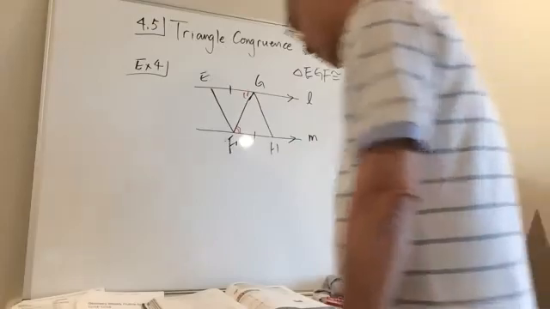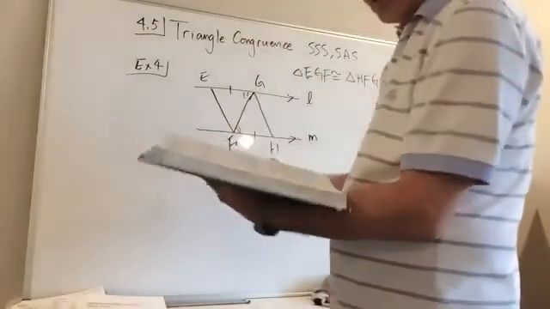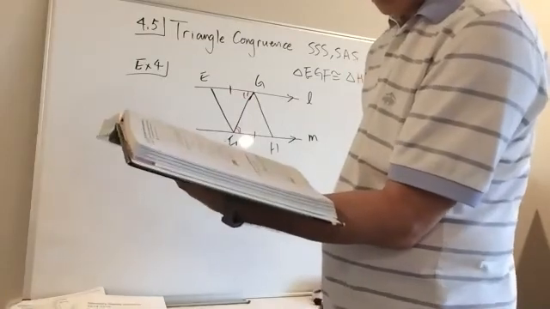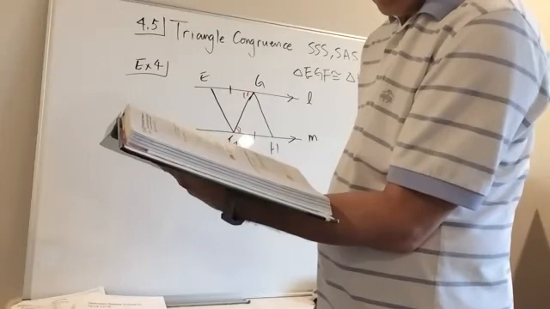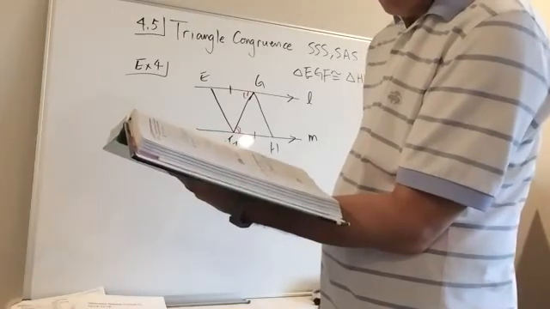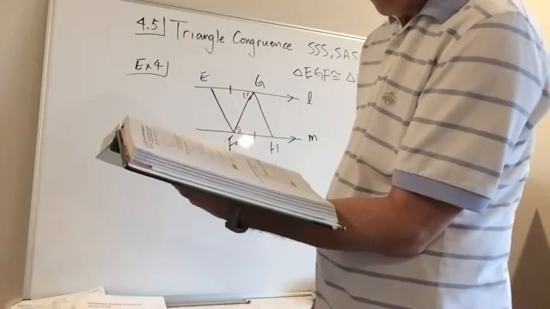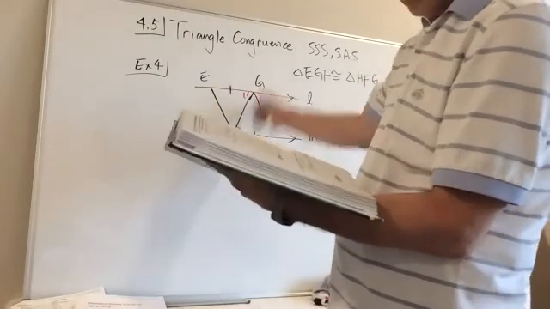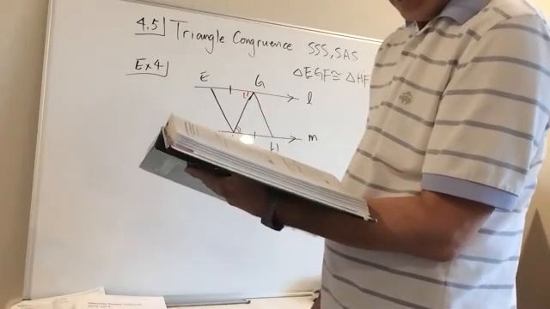Okay. So the proof, if you go through the statements, let's go through the two-column statements there. It says that EG and HF are given. L and M are parallel, that's given. And then EGF and HFG are alternate interior angles, and we just talked about that. And then FG and GF are the same.